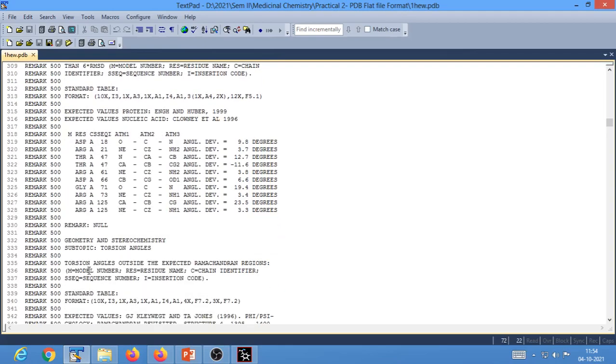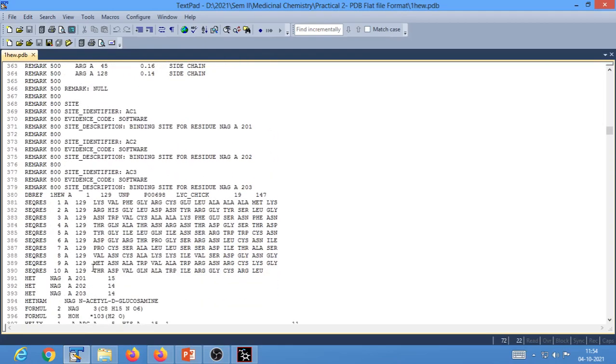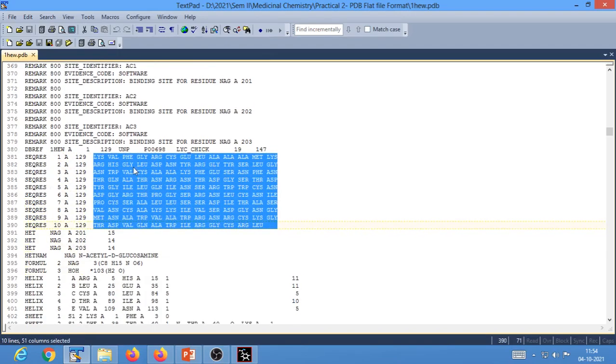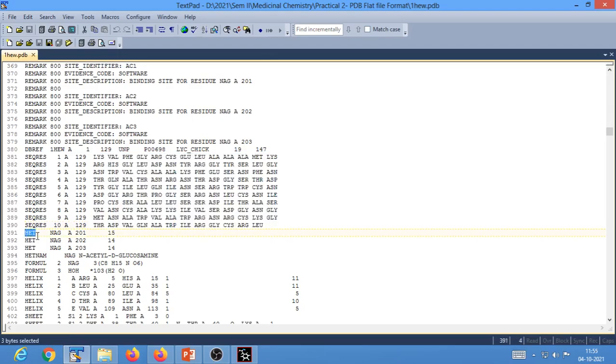So, for example, after remarks, you have the SEQRES lines that begin with the keyword sequence residue. SEQRES stands for sequence residue. And over here, you are provided with the different amino acid residues that are present in your protein. Along with the amino acid residues, the HET line would tell you what hetero groups are present in your protein.